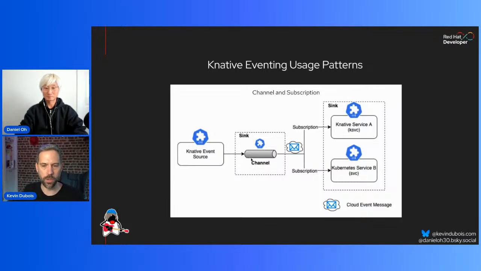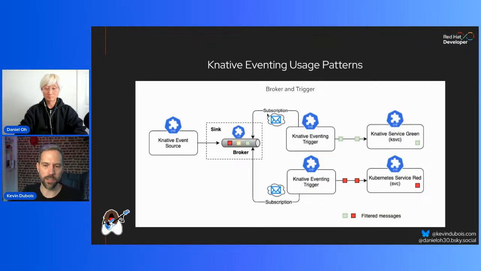This is also part of the Knative toolbox deployed on Kubernetes, which is going to receive those events, and then different services can subscribe to that channel to receive those events. And then you also have the concept of a Knative broker, which again, systems can subscribe to, but you can also filter which events go to which subscriber, and so you have a little more control over the events that are happening.